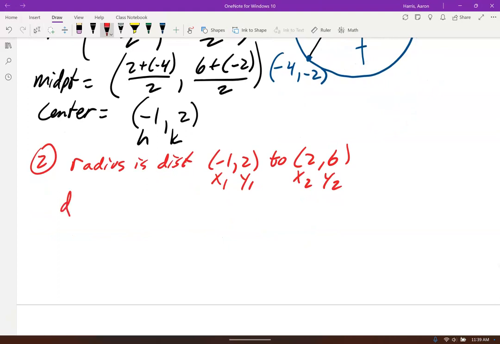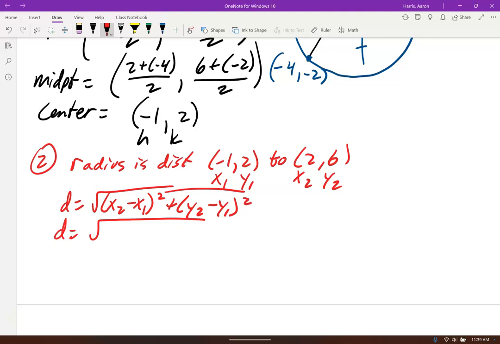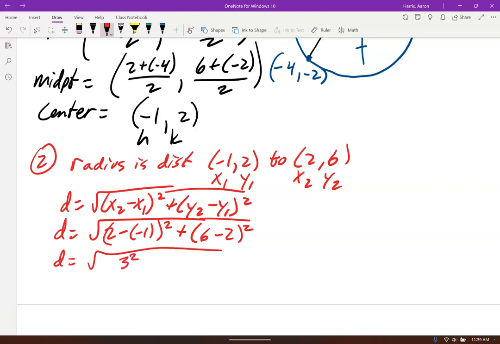Let's go ahead and use our distance formula: square root of x2 minus x1 squared plus y2 minus y1 squared. So x2 is 2 minus a -1 squared, y2 is 6 minus the 2 squared. So we got 2 plus 1 is 3 squared, 4 squared. Well, 9 plus 16 is 25. So the distance, which is my radius, is 5.